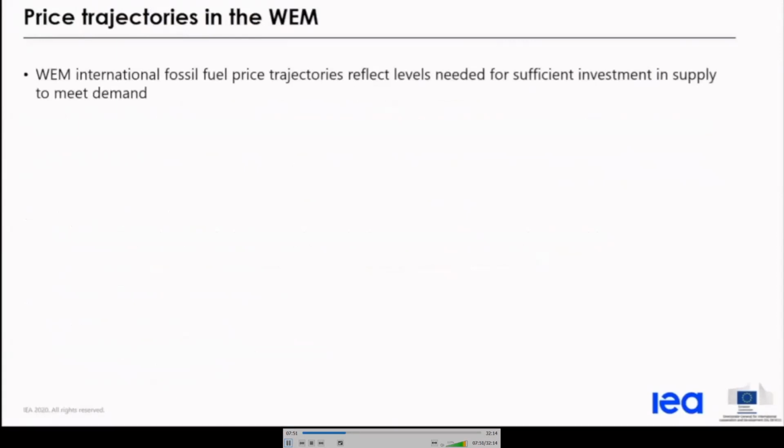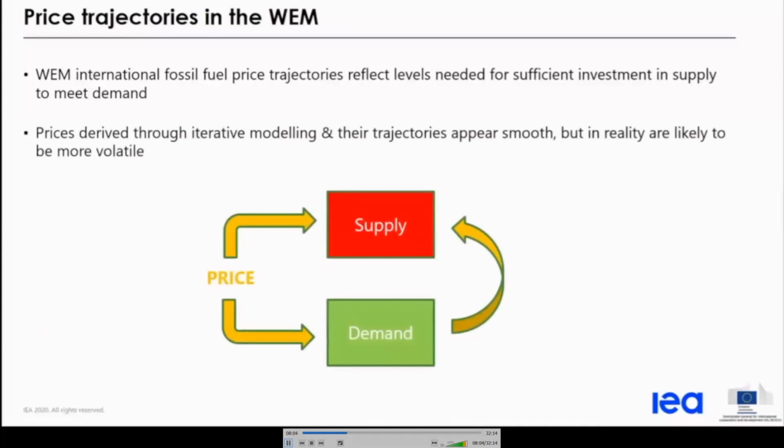First, a word on price trajectories. The World Energy Model takes international fossil fuel prices and the future pathways and trajectories and reflects the levels needed for sufficient investment in supply to meet demand. Prices are derived through iterative modeling, and their trajectories, while they appear smooth, in reality are much more likely to be volatile.